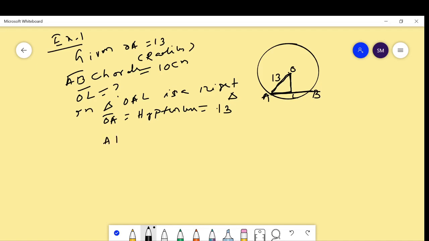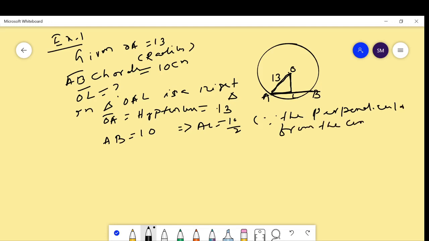This implies AL is equal to 10 by 2, since the perpendicular from the center always bisects the chord. Then AL is equal to 10 by 2, which is equal to 5 centimeter.